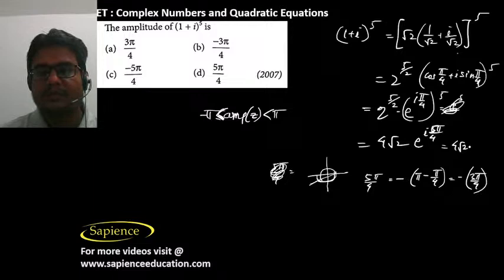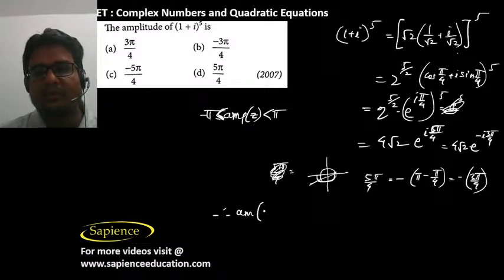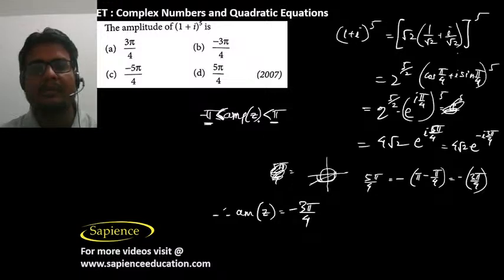So therefore this is 4 root 2 e power minus i 3 pi by 4. So therefore the amplitude of z is equal to minus 3 pi by 4, since then only it will come within the range of the amplitude of z. So option B is the correct answer.